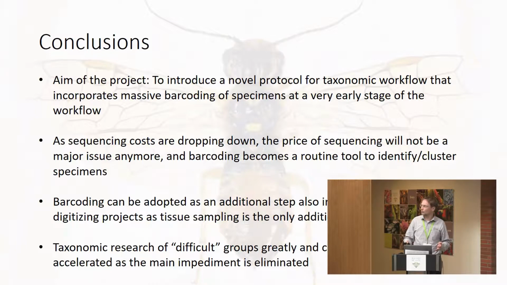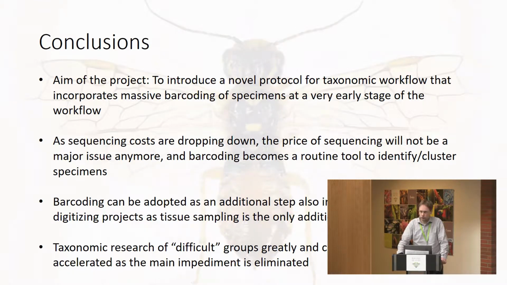That is not much, at least in time, it doesn't require a lot of extra time, and then you can identify your samples in a much better way and get an idea of the species. It would even work in conditions where you don't know anything, like tropical groups. You could get a nice clustering that way. As the sequencing costs are dropping, I'm hoping that money won't be a big issue.